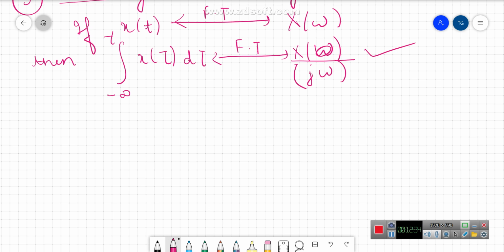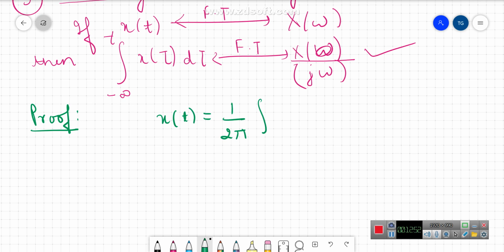By the definition of Fourier transform, we know x of t is nothing but, from the inverse Fourier transform, 1 by 2 pi integration from minus infinity to infinity of X of omega e to the power j omega t d omega.